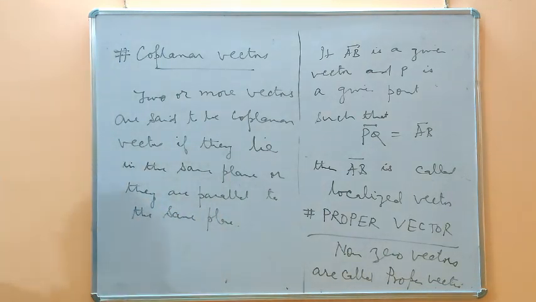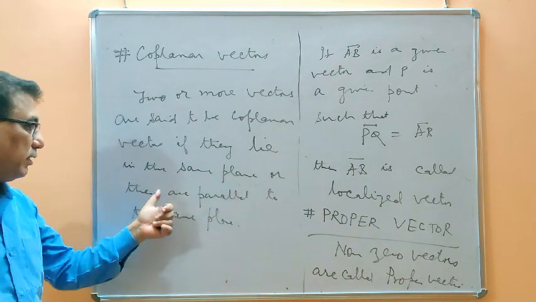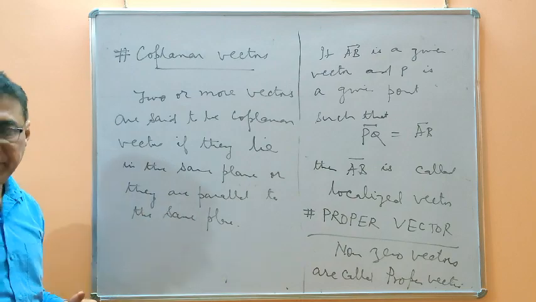Okay? Two or more vectors are said to be coplanar vectors if they lie in the same plane or they are parallel to the same plane. Okay.